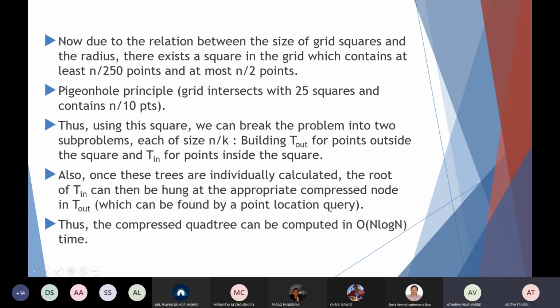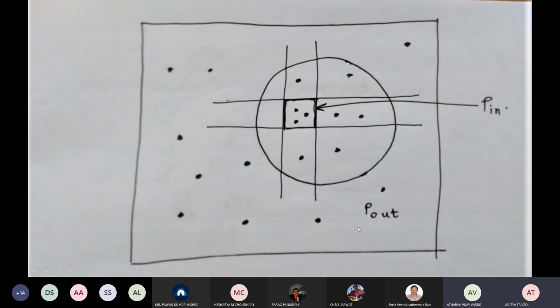So merging happens in O(n), and building T in takes order of n by k time, as the size of S in is n by k, and building T out will take time for n minus n by k points. So by the simple Master's theorem, we get T(n) equals T(n by k) plus T(n minus n by k) plus order n. So this whole construction is done in O(n log n). This is one example: we build T in, we build one for T out, and we merge.